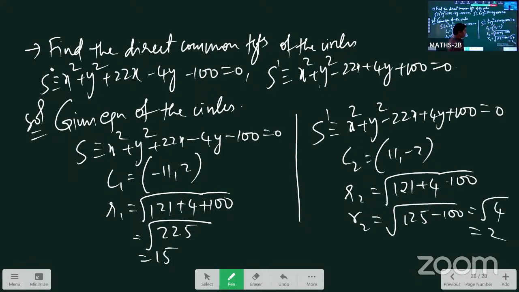See, I got C1 R1 and C2 R2. Is it clear? Right. Next board. Let us check C1 C2, what I'm going to get. That is under root of, what is that, C1 C2?